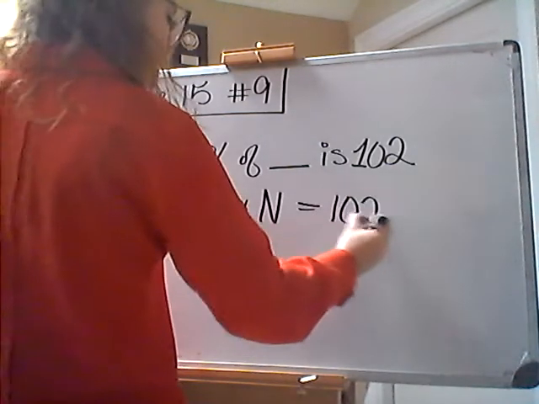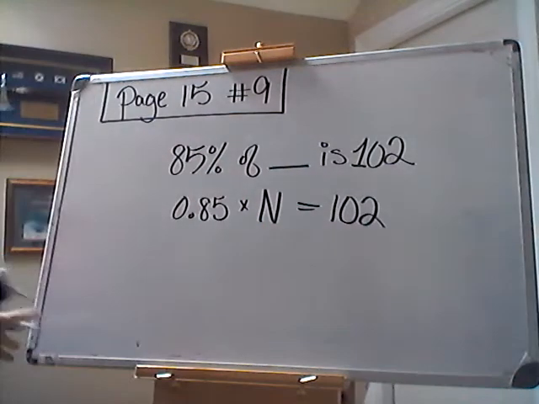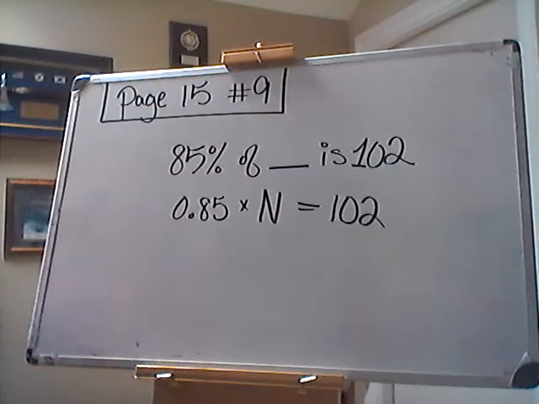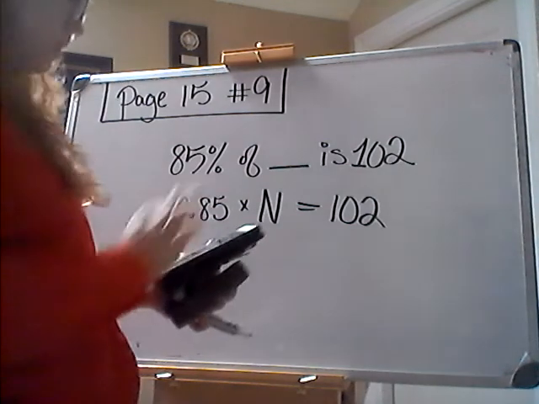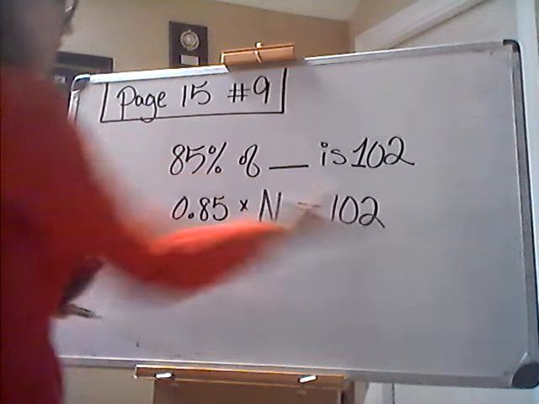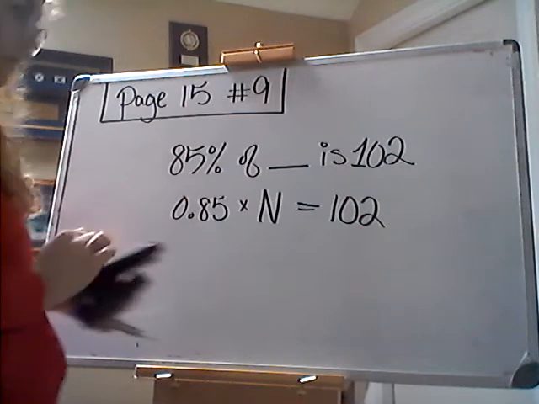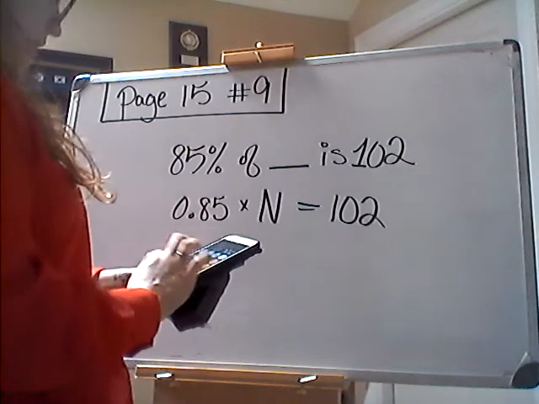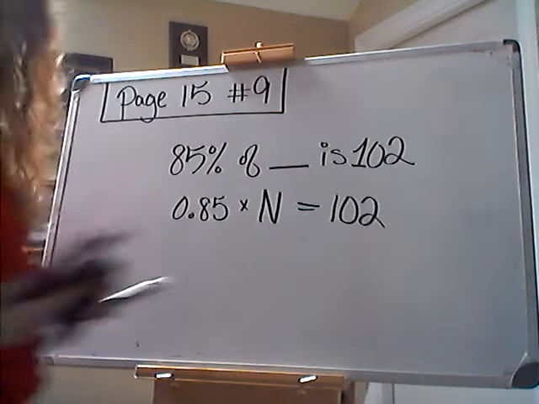If you haven't figured out the pattern yet, we're going to do 102 divided by the percent. That's the pattern. You take your final answer number and you divide by what you're multiplying by over here to get your final answer. So 102 divided by 0.85.